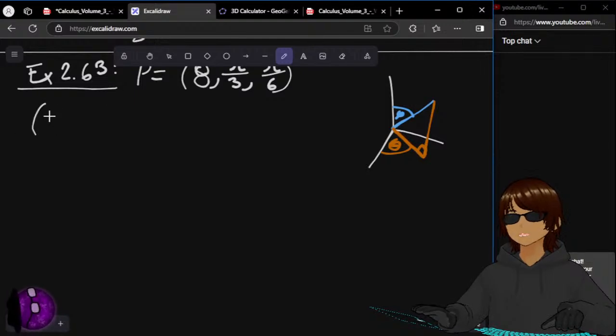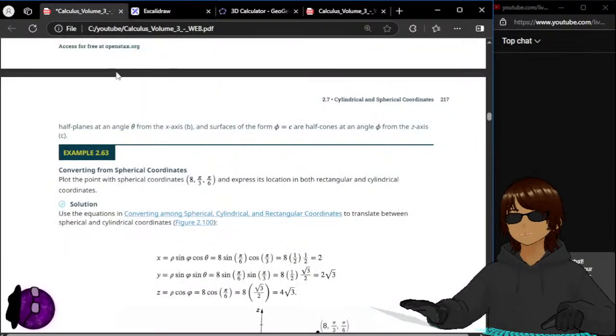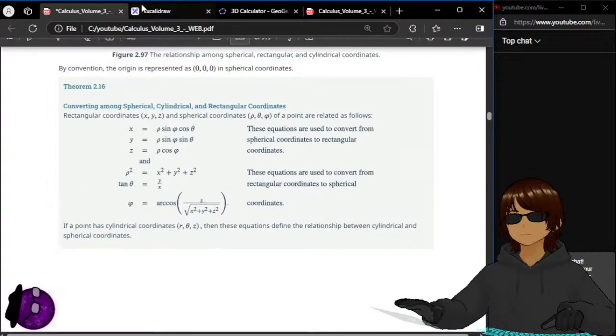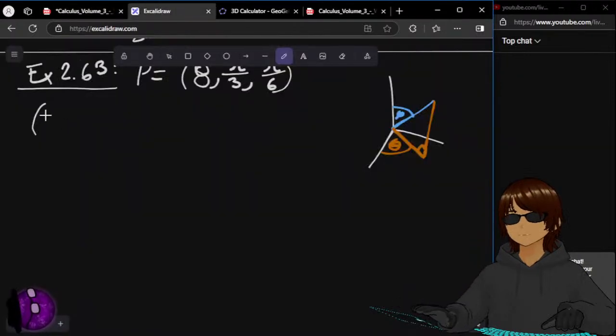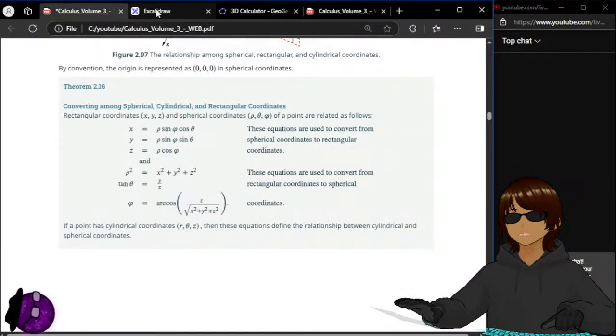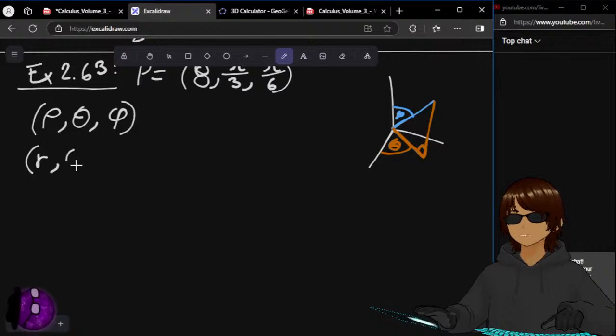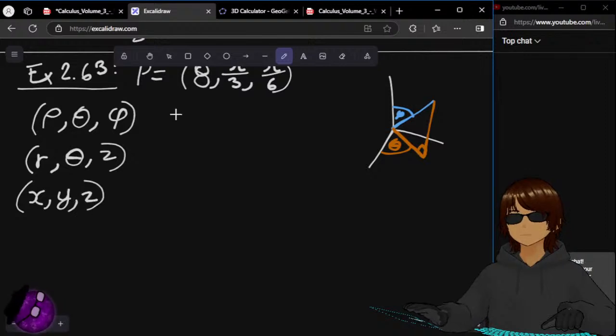Rho looks a lot like p. They should have used some other symbol. Maybe I should start from here. Rho, theta, phi, and then we have r, theta, z, and then we have x, y, z.